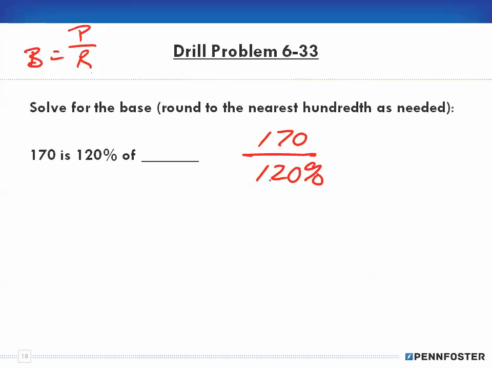Well, remember, when I'm going to divide by a number greater than 100%, that's going to give me a smaller answer. Okay, if I had, say, 170 divided by 0.8, I'm going to end up with a number that's larger than 170.